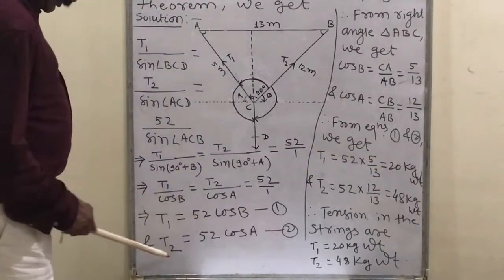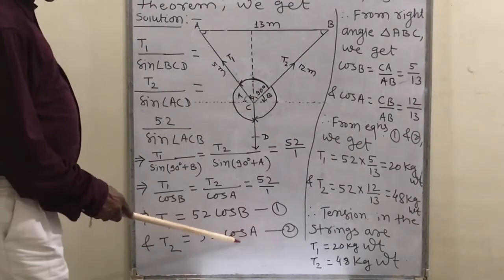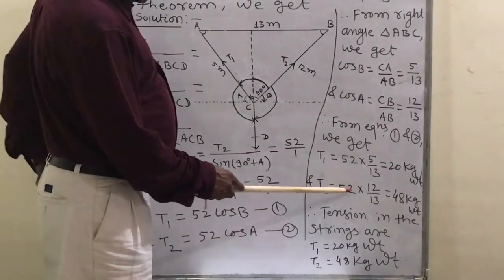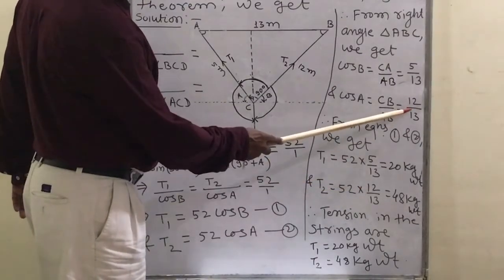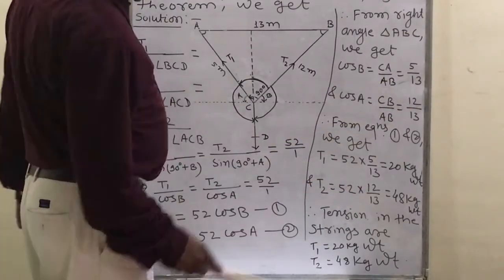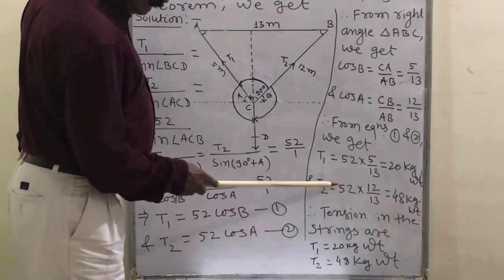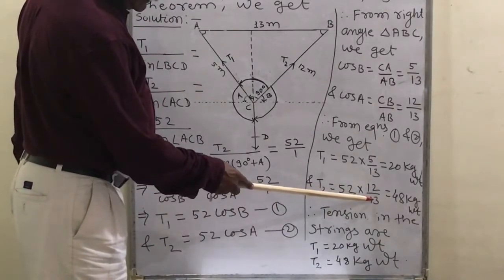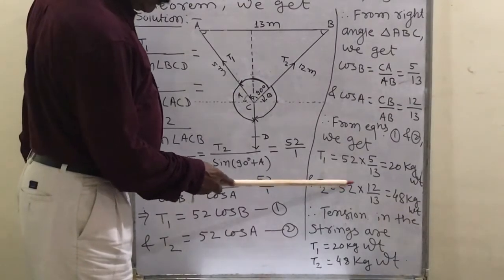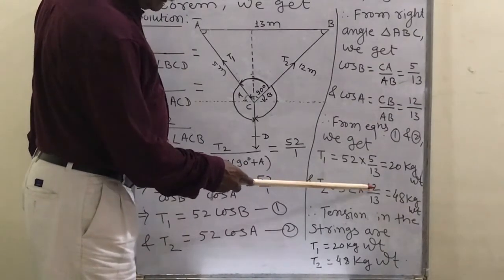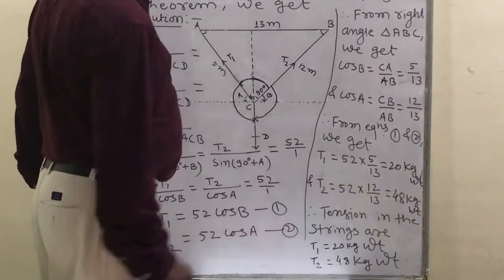And from equation 2, if you substitute the value of cos A, T2 is equal to 52 into 12 upon 13. 13 multiply 4 is 52, so 4 remains. 4 multiply 12 is 48 kg weight.